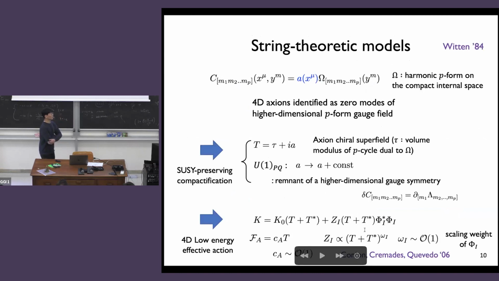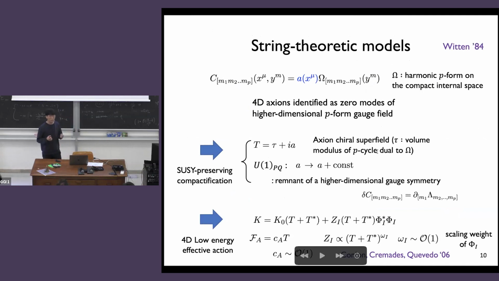And the third distinctive and important class of UV physics is the string theoretic model. So here, the 4-dimensional axion is no longer identified as a phase degree of freedom of a complex scalar field, but rather, the 4-dimensional axion can be identified as a zero mode of a higher dimensional p-form gauge field.